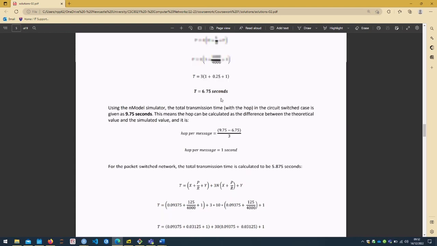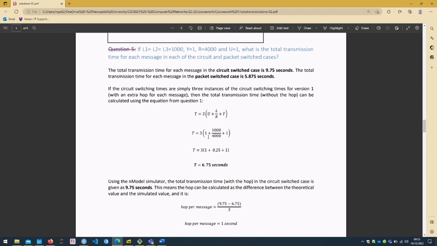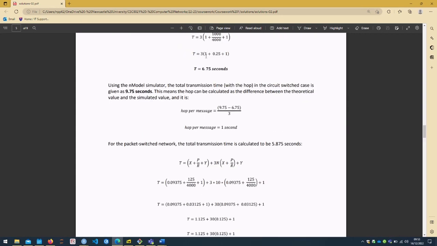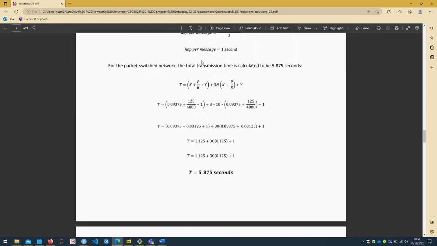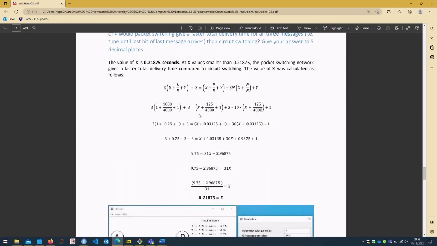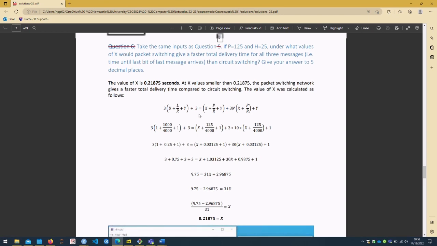And again, it's because you don't have that connection time that you need to set up for the circuit switch network 3 times in a row, that the packet switch network sort of wins this battle.